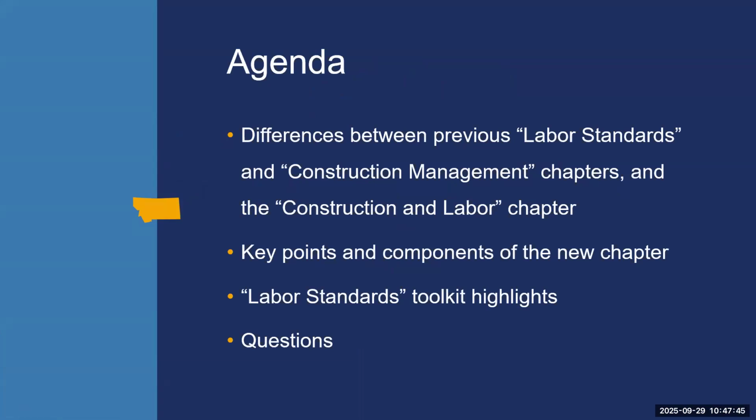I will walk you through the key points and components of Chapter 6 and introduce you to the Labor Standards Officer Toolkit. This is not a CDBG Grant Administration Manual training, but rather an overview of the revised chapters and toolkits. We will plan to hold an in-depth training on how to administer your CDBG project after the new year. And as I mentioned, we will have time for questions and discussion at the end. Next slide.